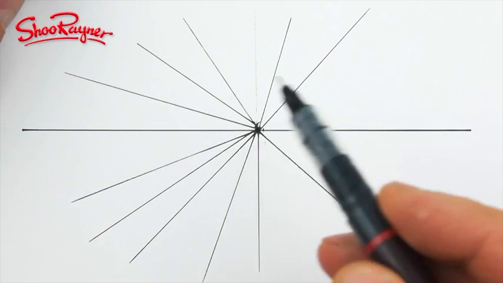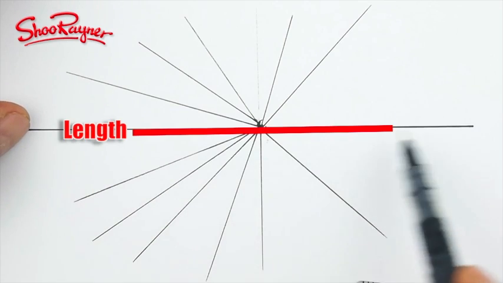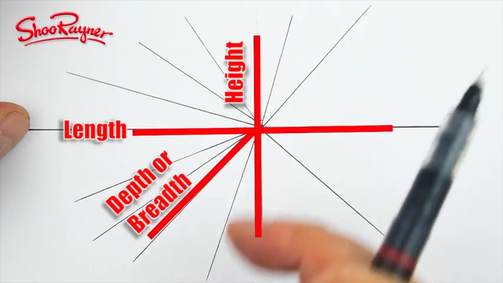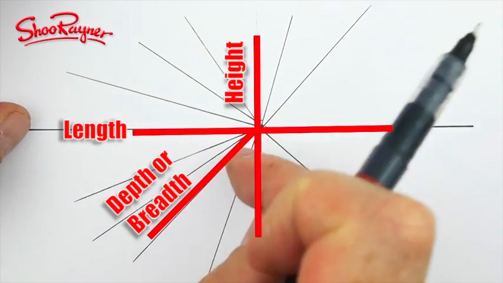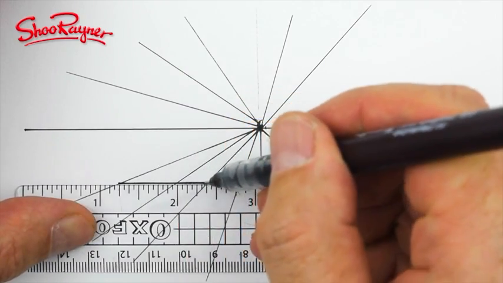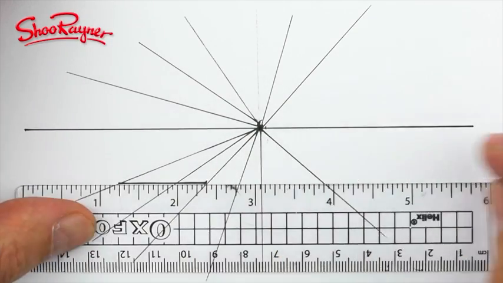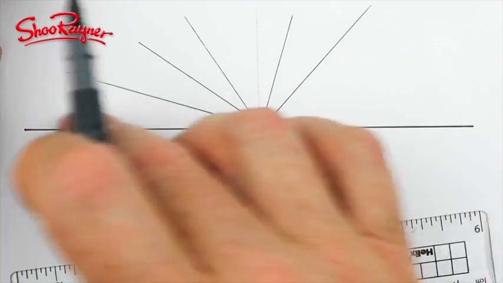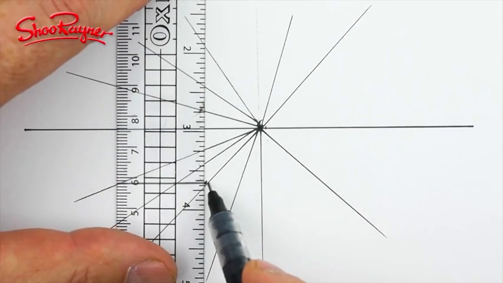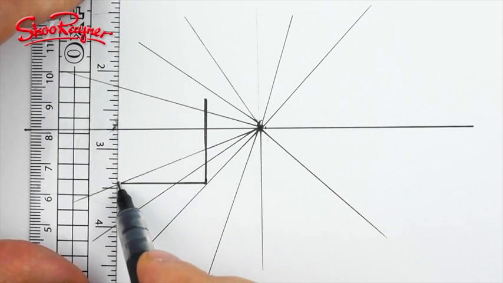Now, one-point perspective means that you still have the length here, and we still have the height, but all our breadth is going to be radiating into this point here. So we can draw a line there, and we will keep all our width lines horizontal and parallel to this line there, and all our height lines will be vertical and parallel to that center line there.